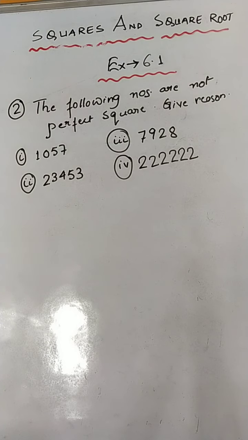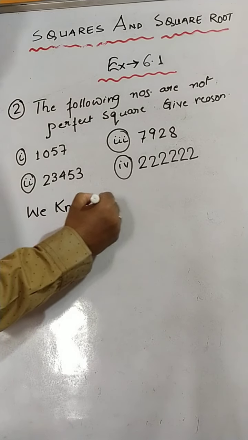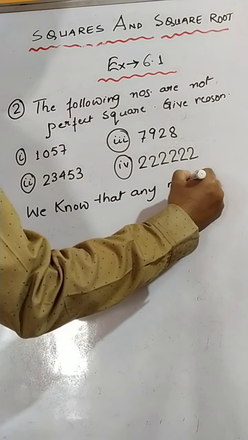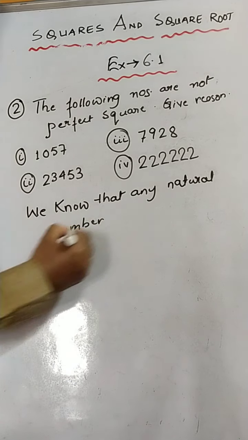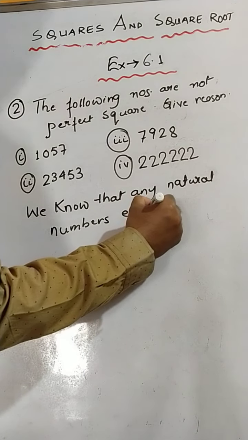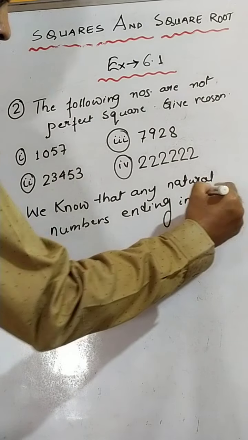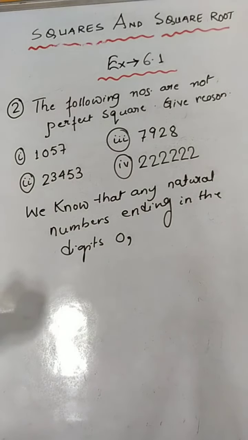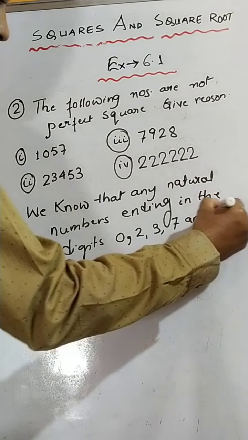So this is the first sentence that we'll write: we know that any natural number ends in the digits 0, 2, 3, 7 and 8. Remember this.